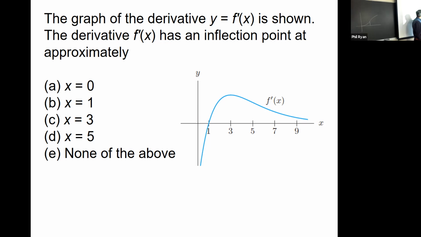Yes, because it goes from negative to positive. So the sign changes. That means the concavity changes. That means it is an inflection point. F prime itself, of course, has an inflection point out here, but that's the trap in this question.